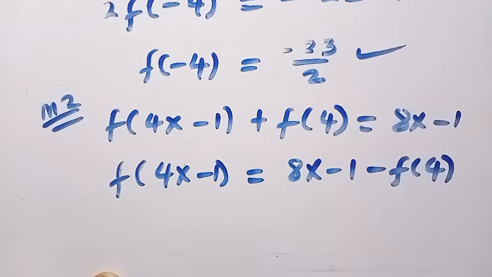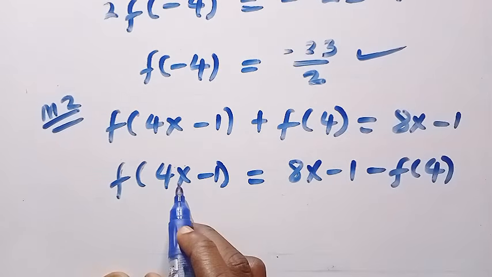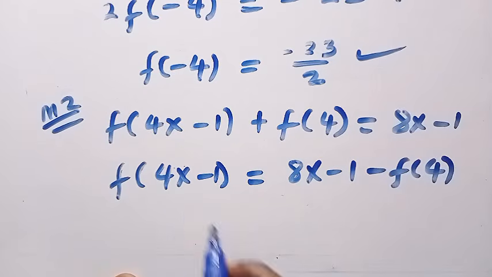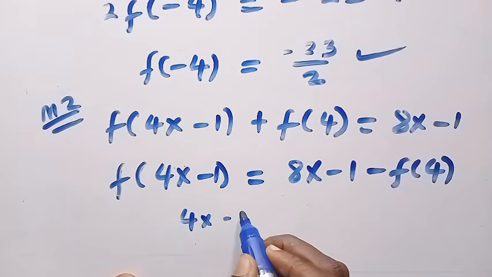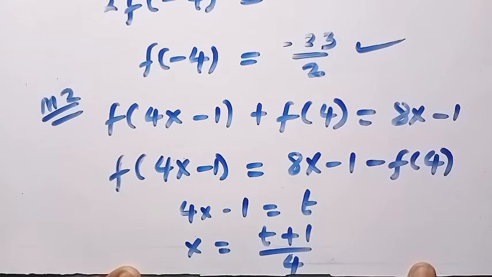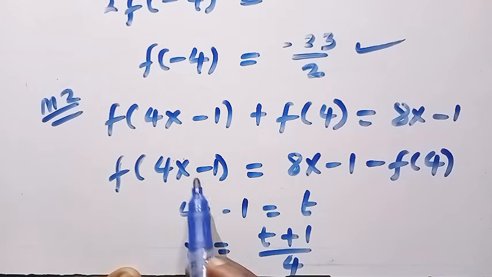So this is still easy. Let's make x the subject of the formula by replacing every x with t. Here we have 4x minus 1 equals t, and then our x equals t plus 1 divided by 4. Everywhere we see x, we change it to t plus 1 divided by 4.